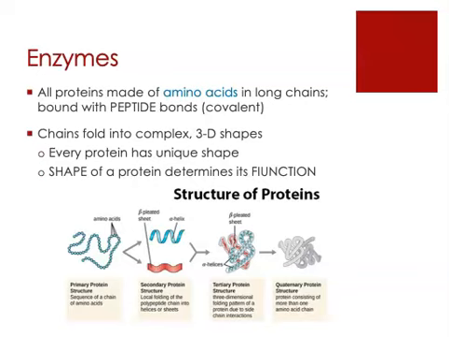And that side group gives each amino acid its own unique chemistry. There are polar amino acids and non-polar amino acids. There are amino acids that have charged side groups, either positive or negative. And all of that individual chemistry is going to cause those amino acids to either be attracted to each other or repelled by each other.